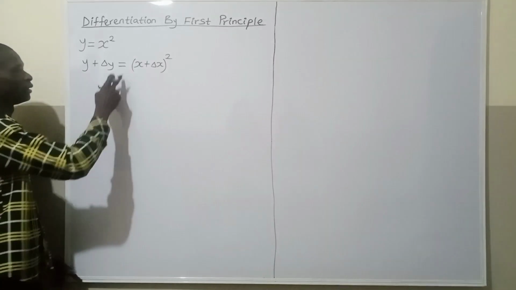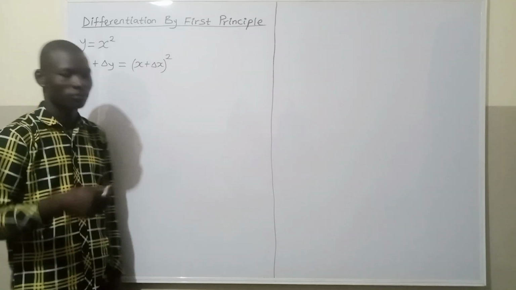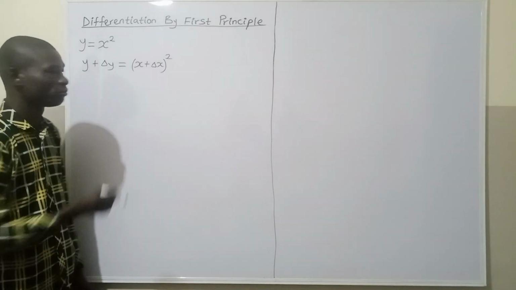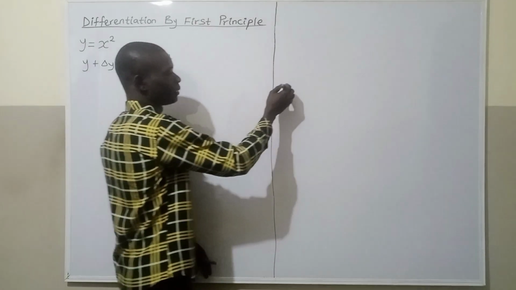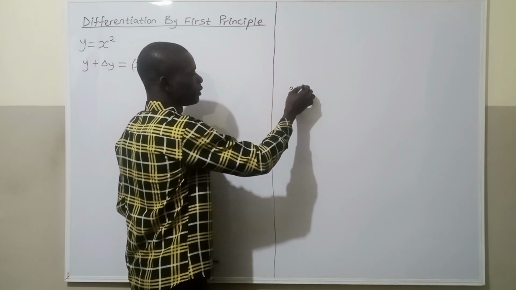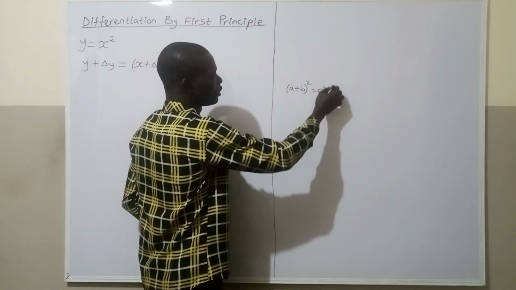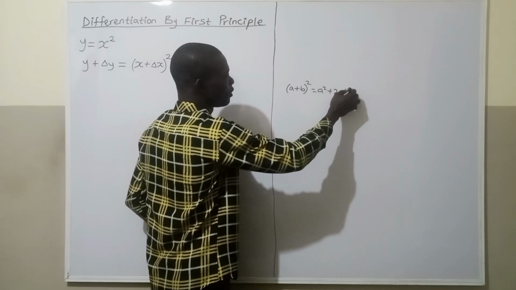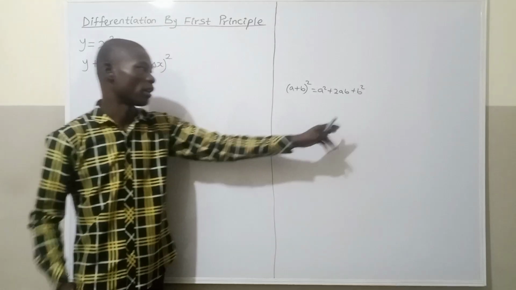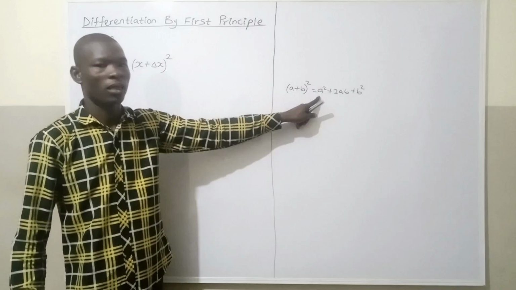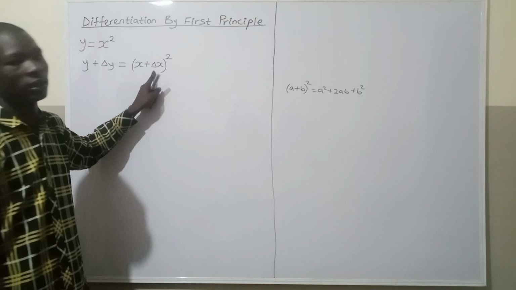So the next thing now is to expand this particular one. And of course, if you watch one of my previous videos on binomial expansion, we are going to see the concept of a plus b in brackets being squared, which is expanded as a squared plus 2ab plus what? B squared. So we are going to be applying this particular concept. So a is what? X, and then b is what? Our delta x.